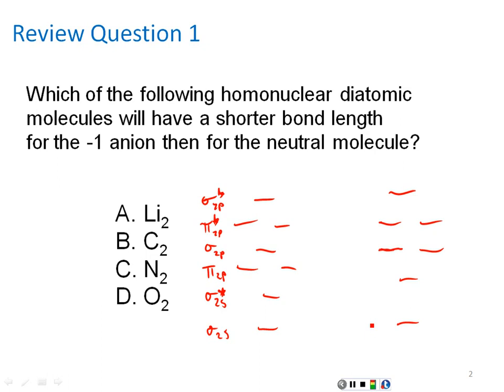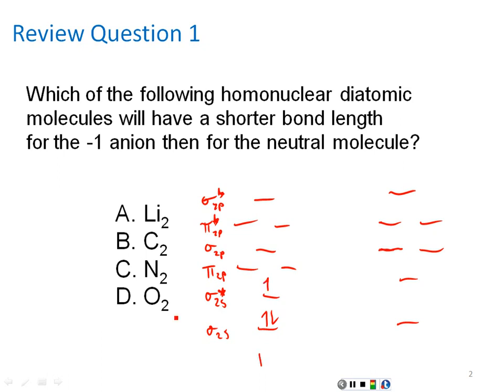So let's look at Li2. Li2 has 2 electrons, one from each lithium atom. The molecular orbital diagram would be this. The bond order would be 1 for Li2. Now, when we look at Li2 minus, we add 1 electron.